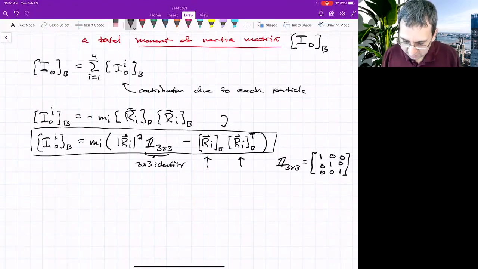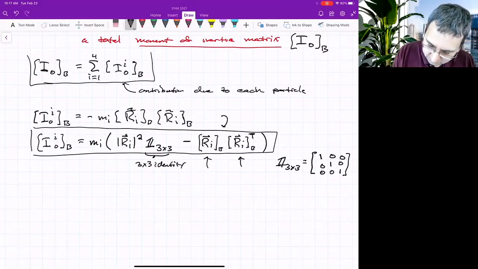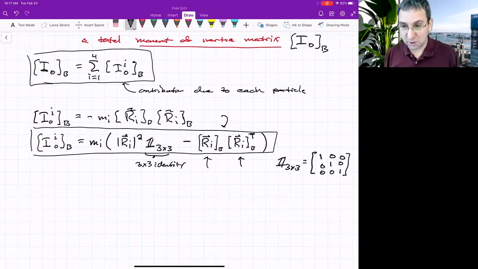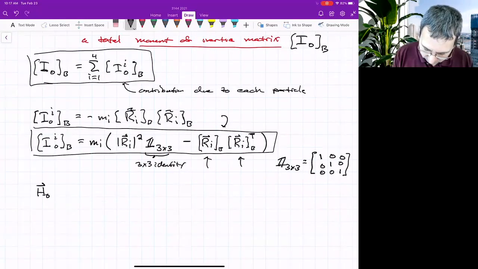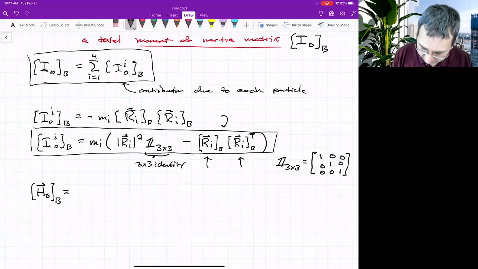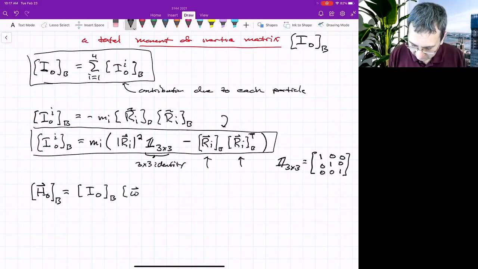So we can then say, right, the moment of inertia, you add all of those up here, you get the moment of inertia for the system, the rigid system of particles. The angular momentum, being careful to remind ourselves, is written in the B frame, is equal to the moment of inertia matrix written in the B frame times the angular velocity written in the B frame.